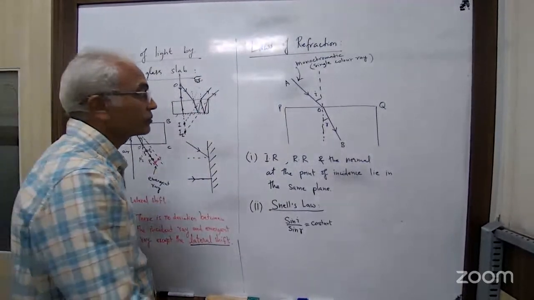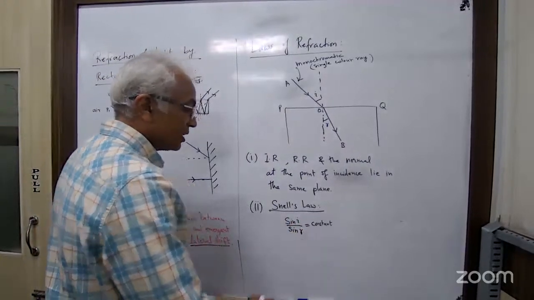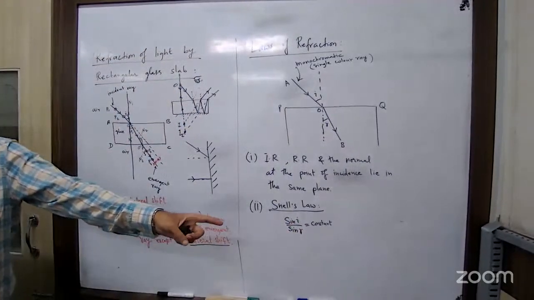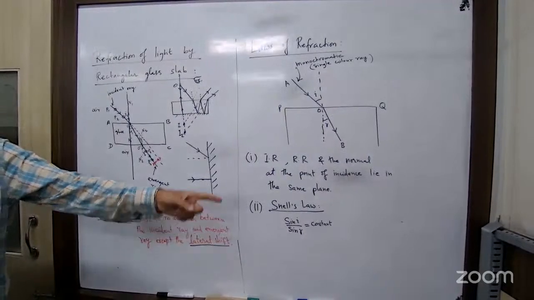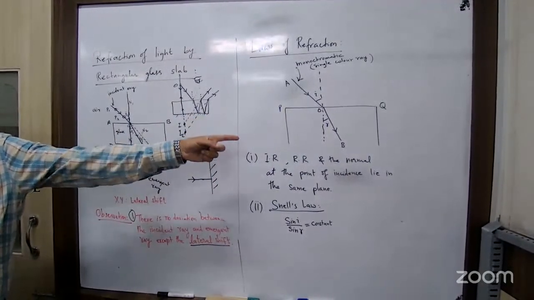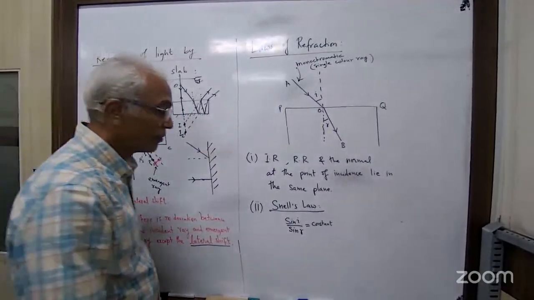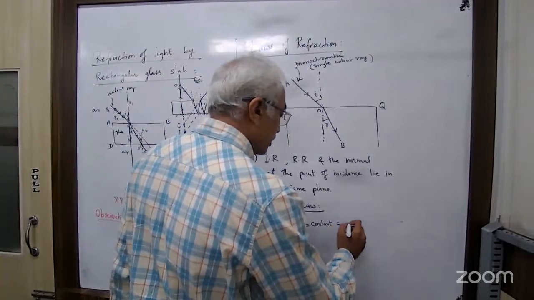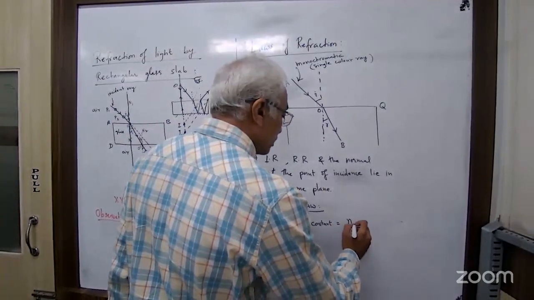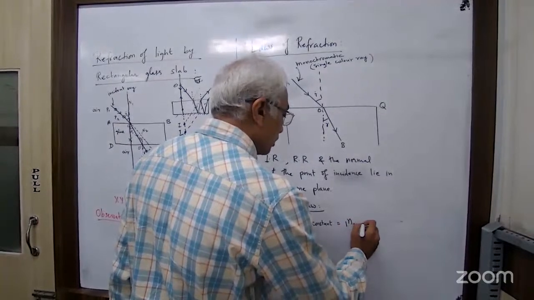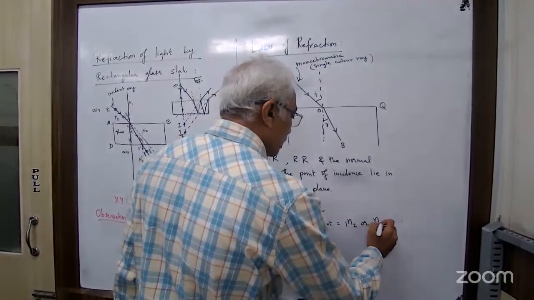Okay. And this constant has got a specific name. It is called the refractive index of the second medium with respect to the first medium. It is written as n2:1.